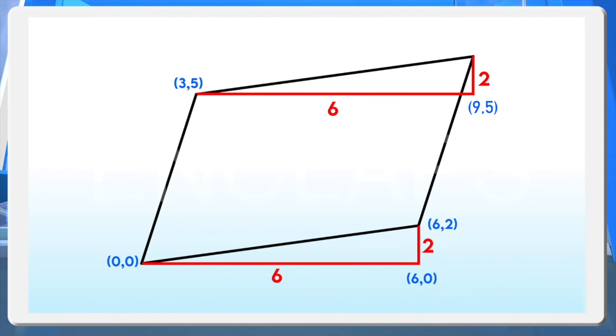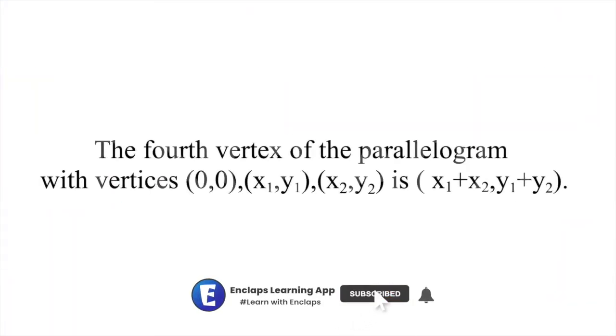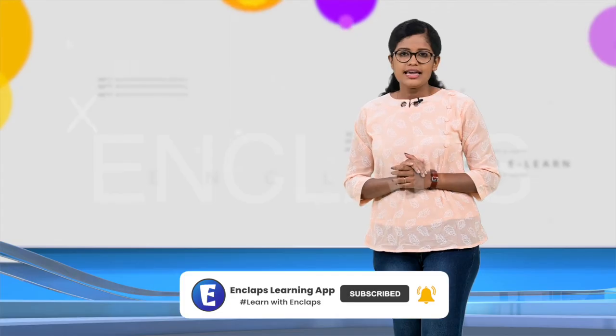Then we get the coordinate of the upper right corner of the upper triangle as 9, 7. That is, the fourth vertex of the parallelogram with vertices 0, 0, x1, y1, x2, y2 is x1 plus x2, y1 plus y2. See you later.